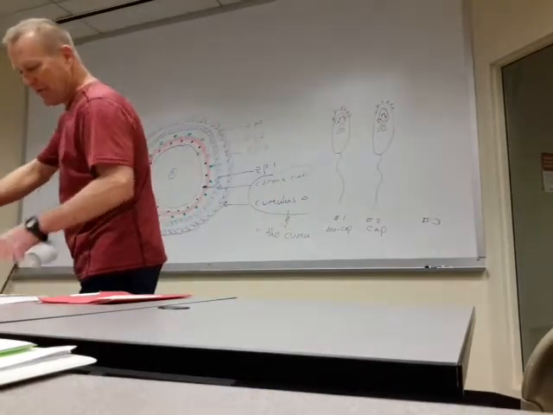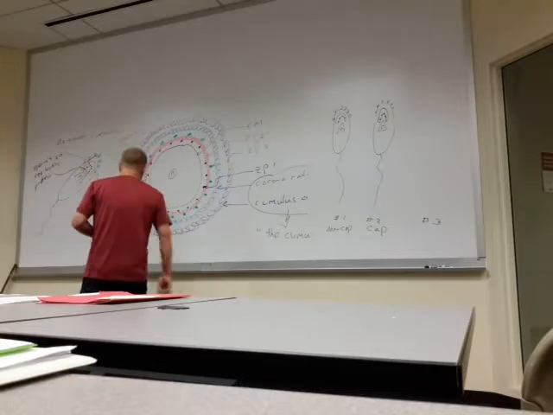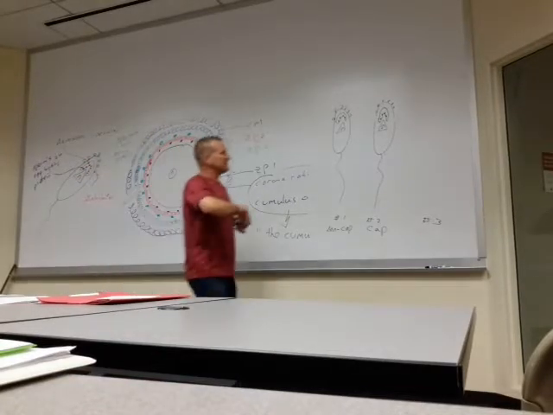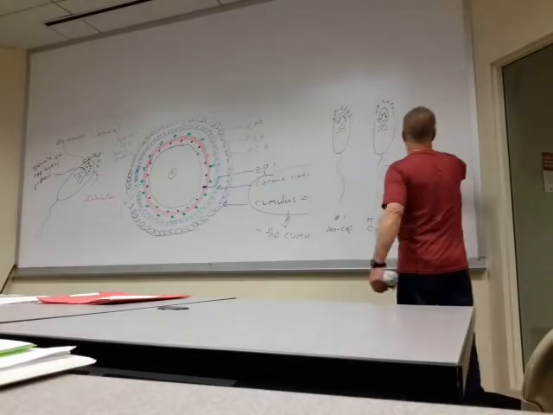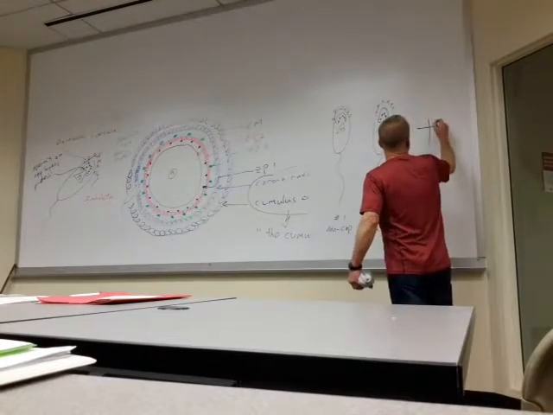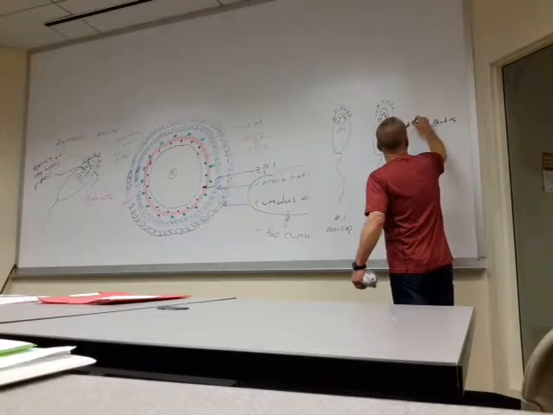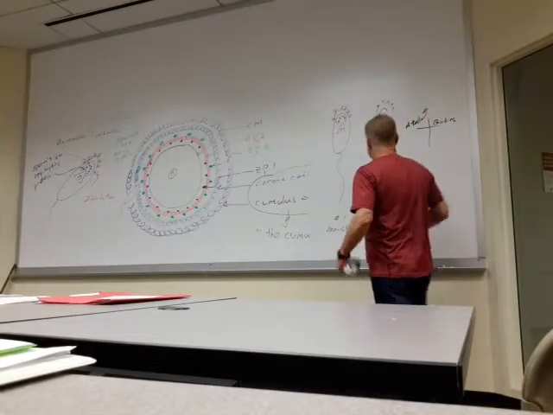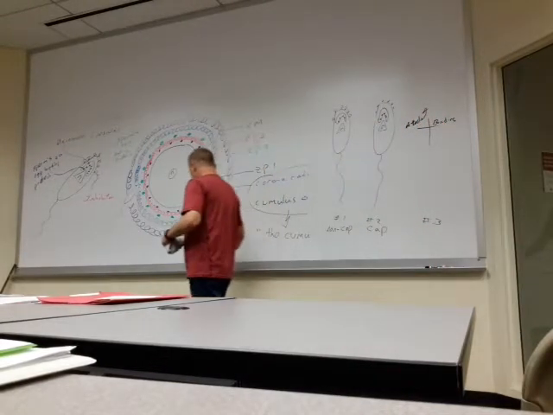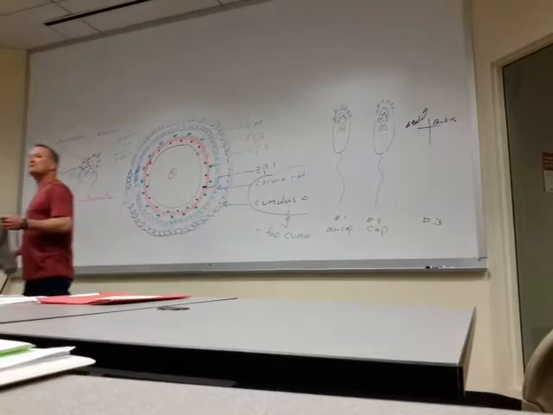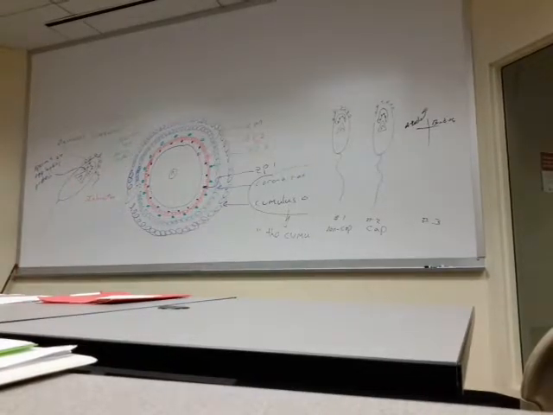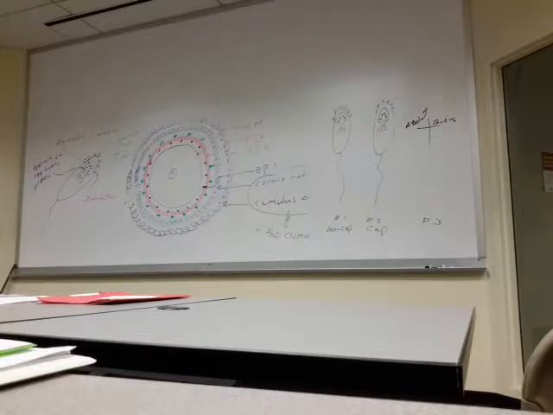Now, if you look at step 4, I want you to somewhere make a little chart, not here, and differentiate between binding and attachment. So attachment is a loose association between the gametes.